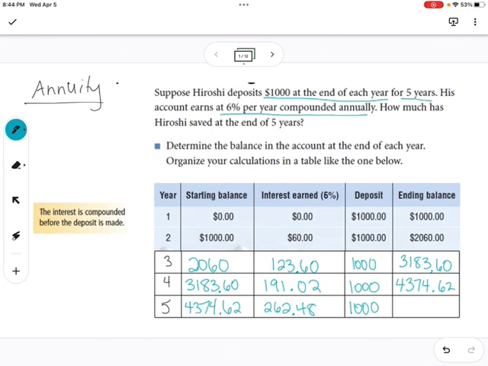Adding those 3 numbers together, we get $5,638.09. So in 5 years, Hiroshi has saved $5,638.09.